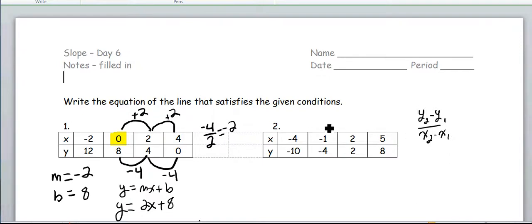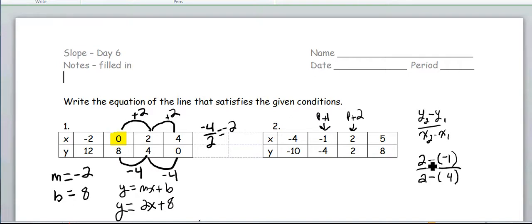So let's say that we call this point 1, and this will be point 2. So now all I have to do is fill in. So I'm going to take my second y value and subtract my first y value. So that's 2 minus, and just for clarity's sake, I'm going to put my negative 1 in parentheses so you can see it's still minus here, even though this is negative. And then x2 minus x1, so 2 minus, and then that's negative 4.